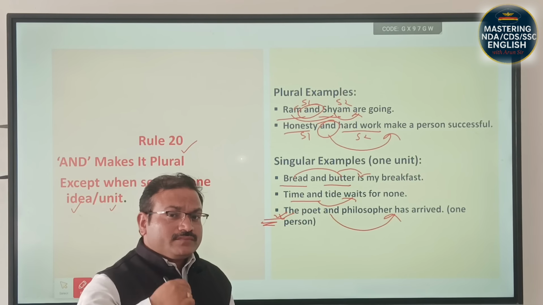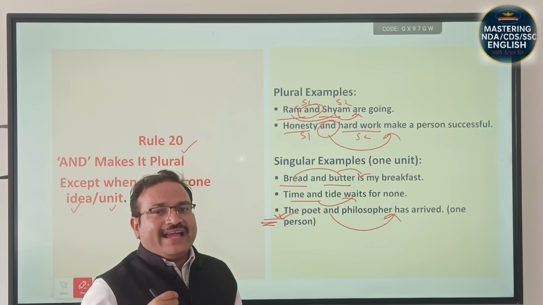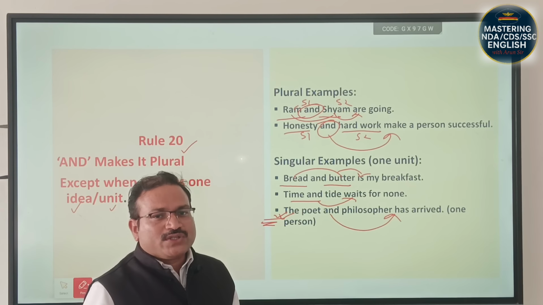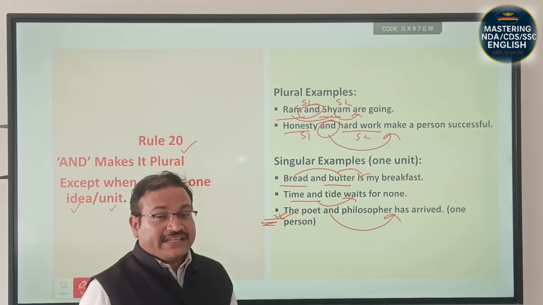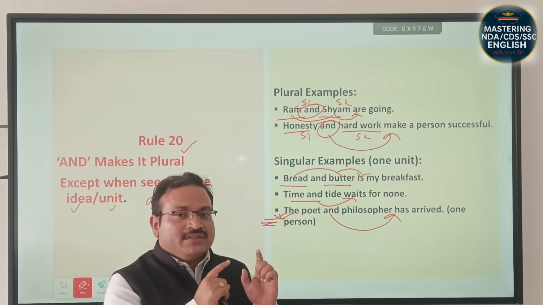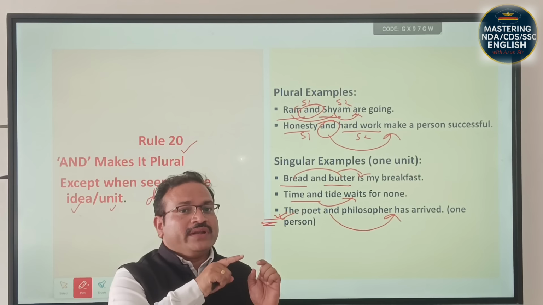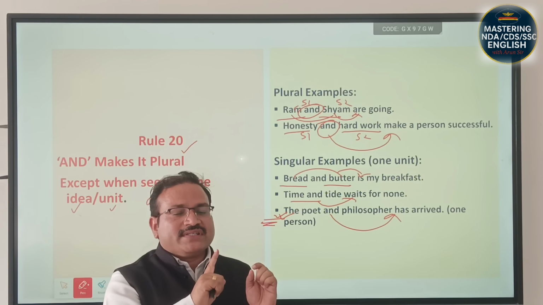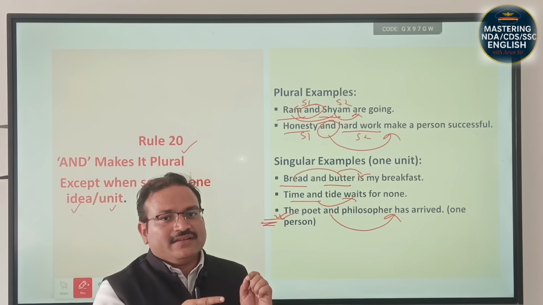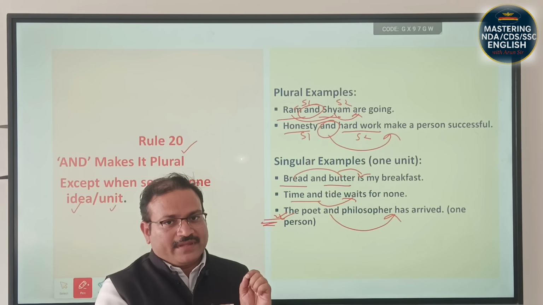If I say the principal and chairman of the school is coming or are coming, is coming. Why? Because the article is with only the principal. So the same person is principal and chairman both.